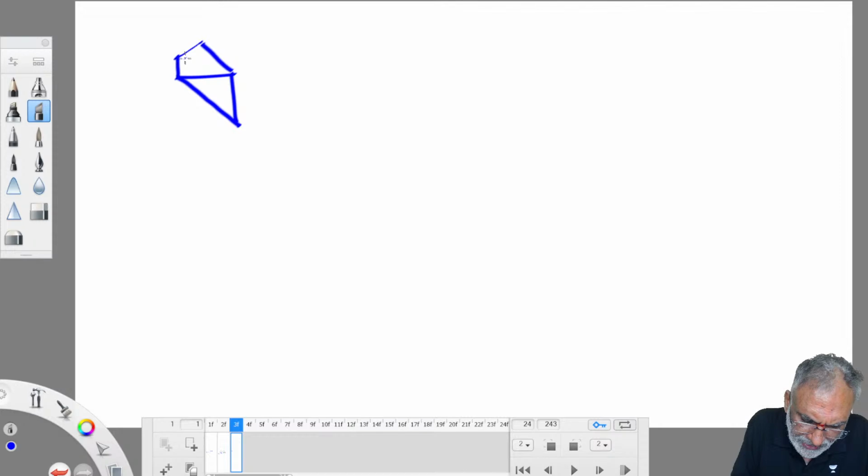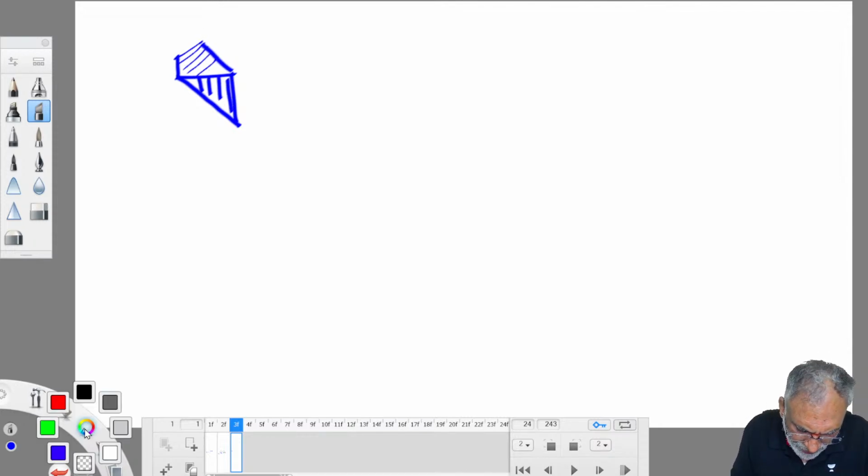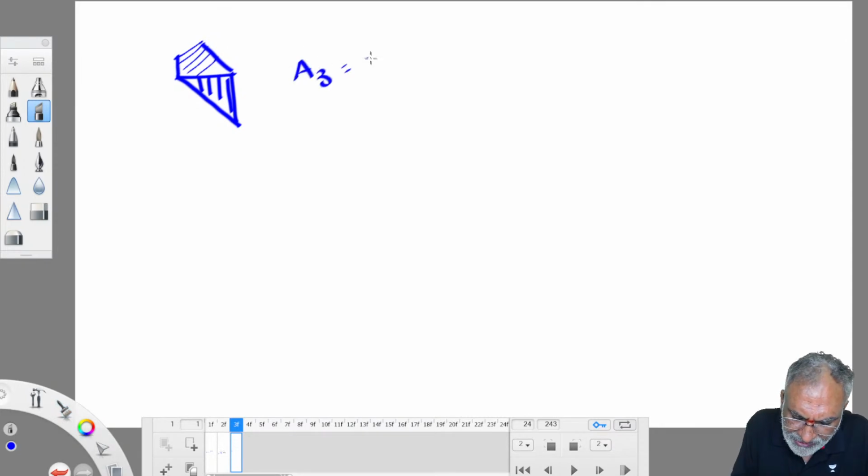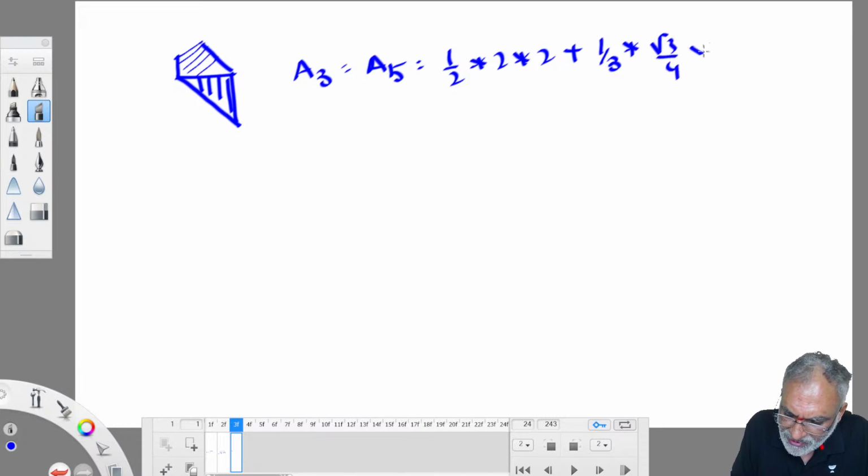This is 1/3 of the equilateral triangle area. This is the square area, which we know. A3 and A5 both carry the same area. So it is half into B into H for the square, plus for the equilateral triangle 1/3 of root 3 by 4 A square. Discussed in the morning, the area of an equilateral triangle is root 3 by 4 A square.